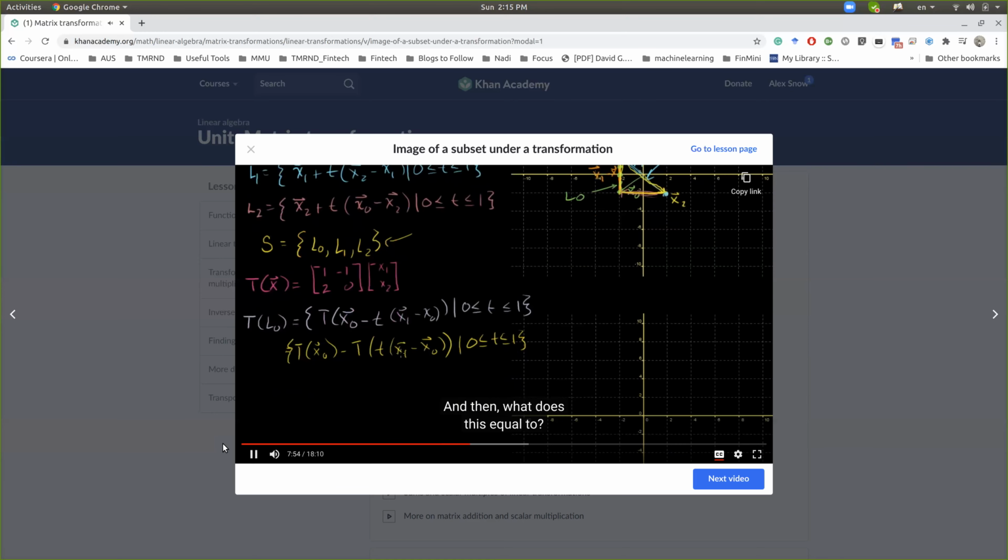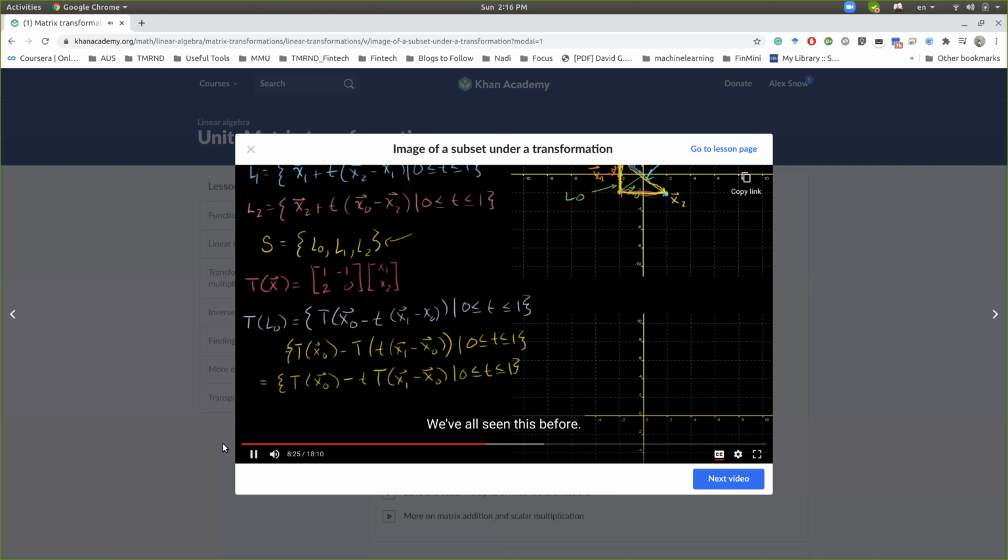And then what is this equal to? If I take the transformation of a scaled up vector, that's just a scaled up transformation of that vector. So this is going to be equal to the transformation of x naught plus t, our scalar multiple, times the transformation of the vector x1 minus x naught, such that 0 is less than or equal to t is less than or equal to 1. And then the transformation of the sum of two vectors is equal to the sum of their transformations.